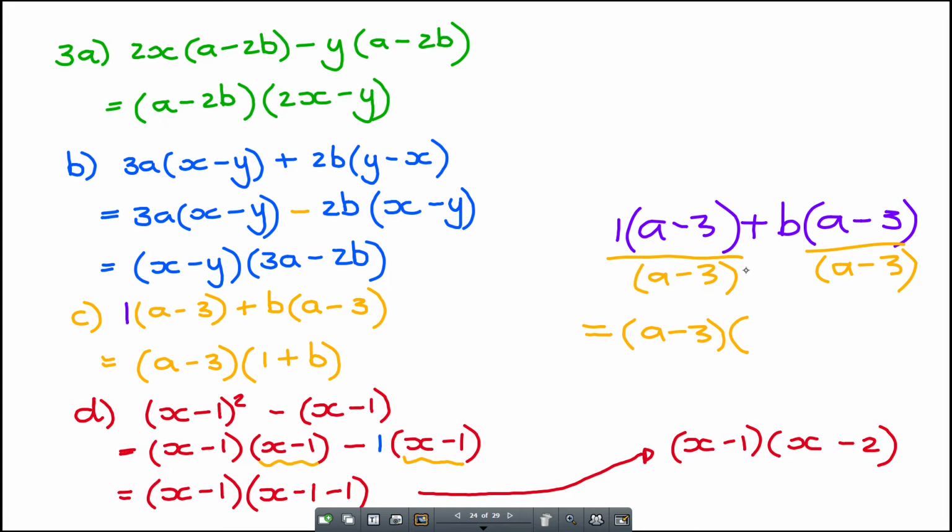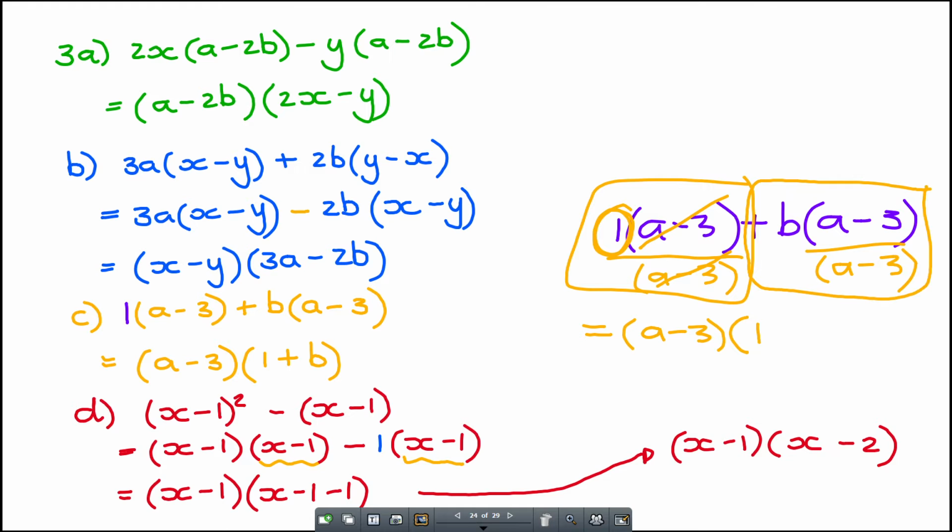What would be left at term 1? I'm going to cancel those out, so can you see only 1 is left? Now, at term 2, these cancel out, so do you see plus b is left? Does it now make sense? Okay. The rest of you too?